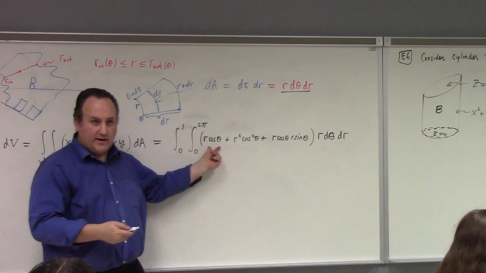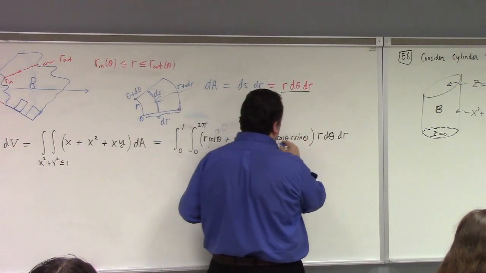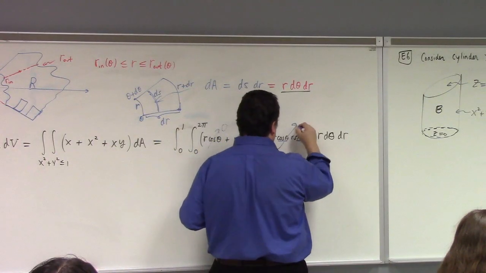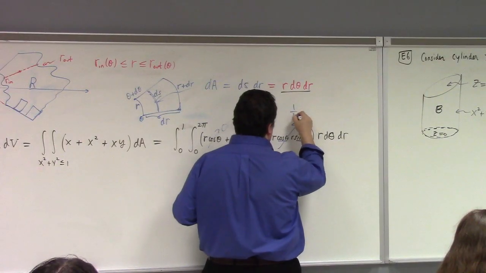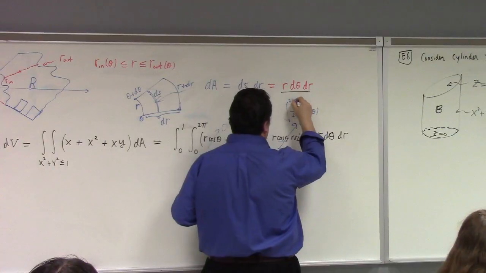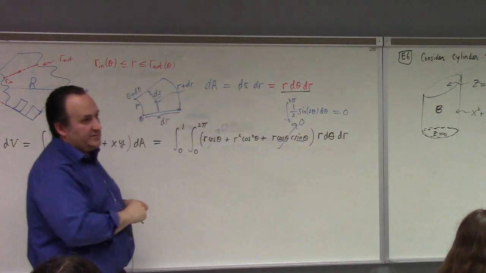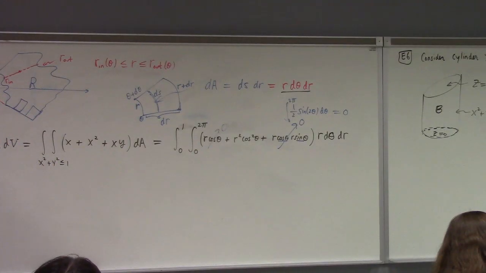That's 0. We're integrating over a full cycle. What happens when you integrate sine cosine over 2 pi? Again 0, because that is 1/2 of sine of 2 theta, and that integrates to 0 because you're integrating over 2 cycles of sine of 2 theta as you integrate from 0 to 2 pi.